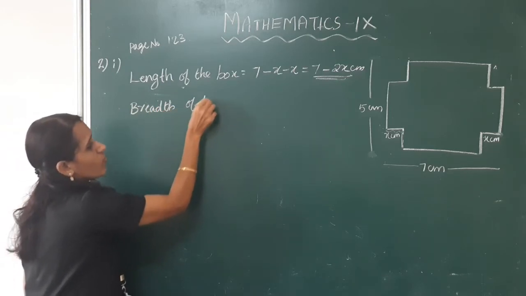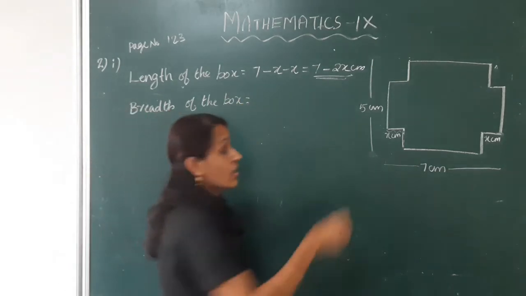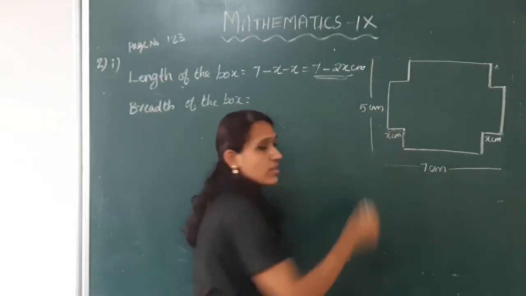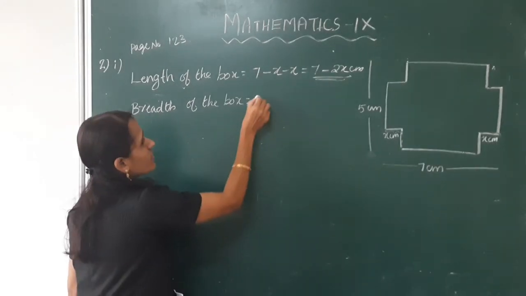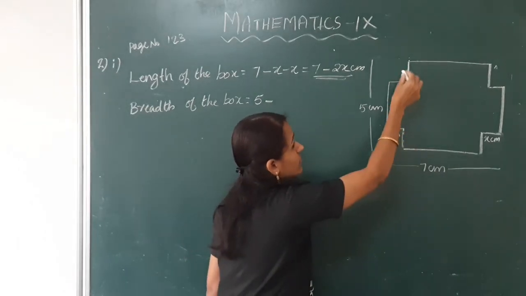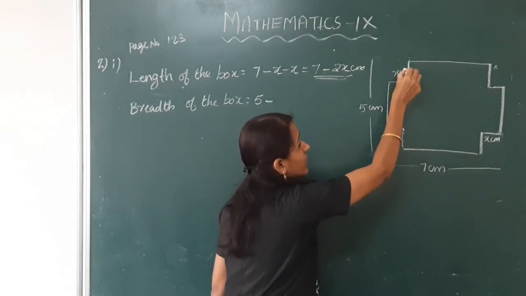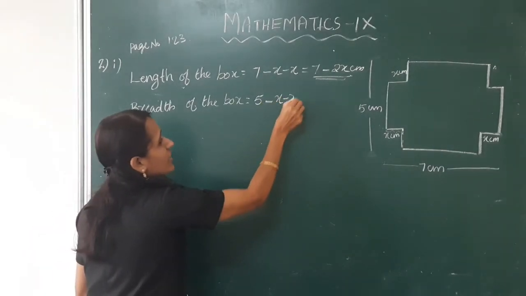Next, breadth of the box is equal to, here the total length is 5 centimeter, 5 minus x centimeter, and this is also x centimeter, minus x.